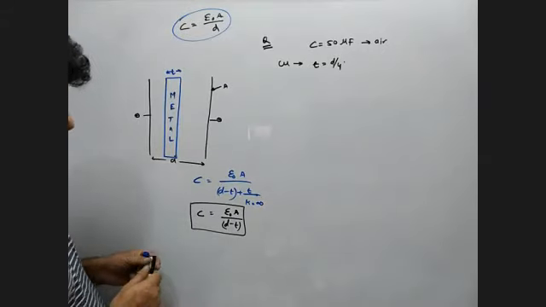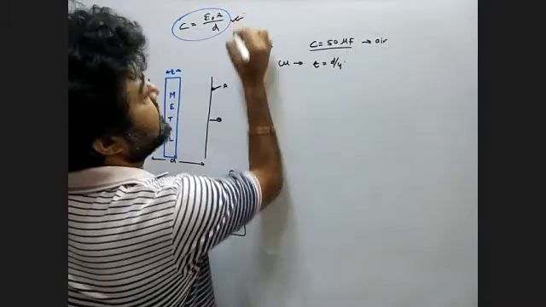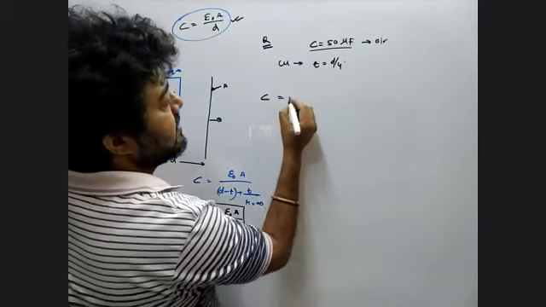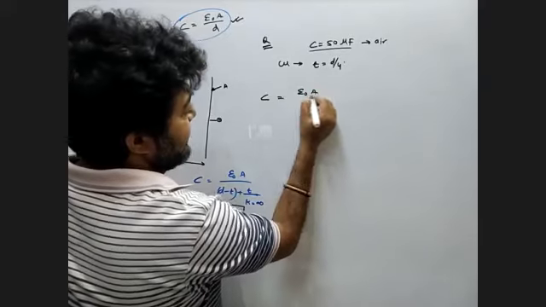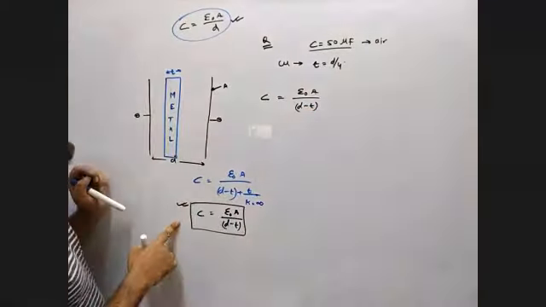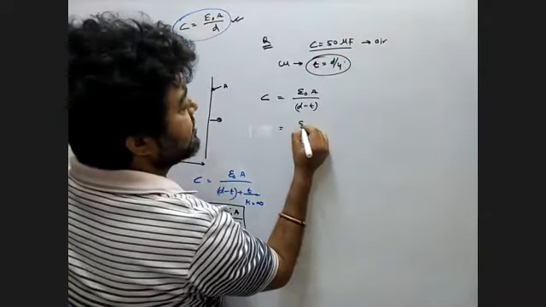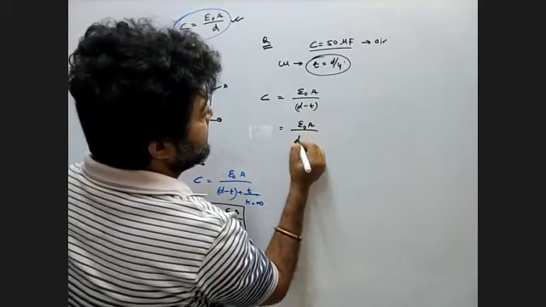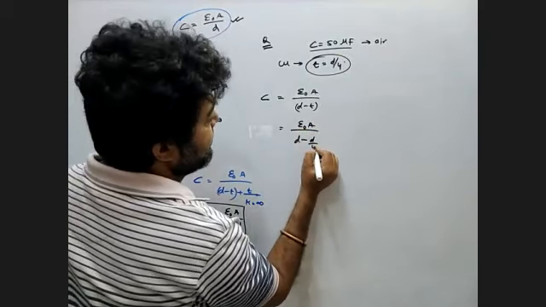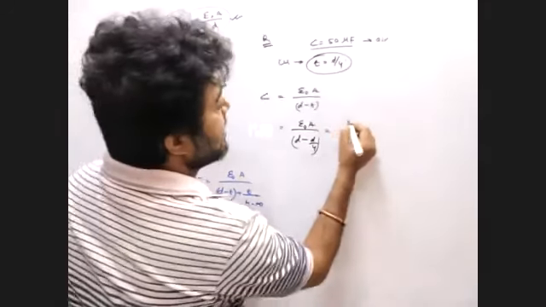See, it's a very simple question. C is the air capacitance, that is this much. So C is epsilon naught A by D minus T, as I wrote in the formula. Now here it is given T equals D by 4. So epsilon naught A by D minus D by 4. So how much do you have?